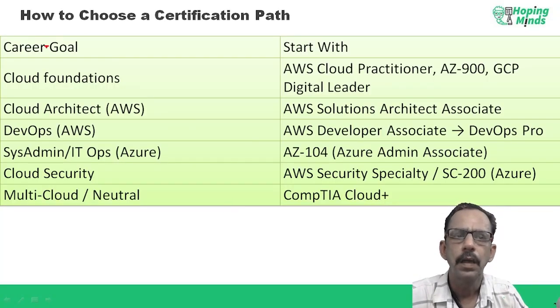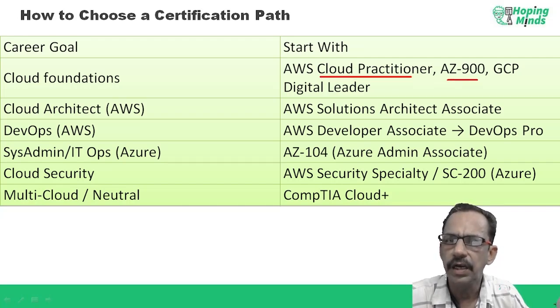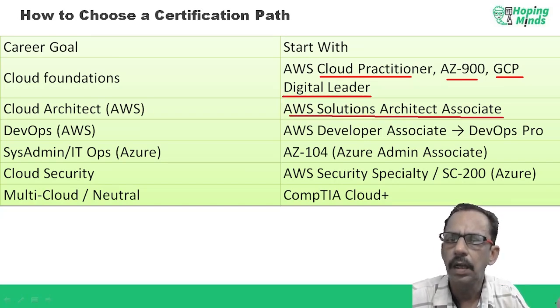So how to choose the path? What is the goal? Start with foundation in AWS. Go with the Cloud Practitioner, and the GCP Digital Leader that we have already discussed. For architect on AWS, go with the Architect Associate exam.